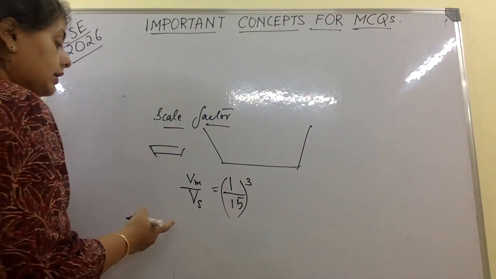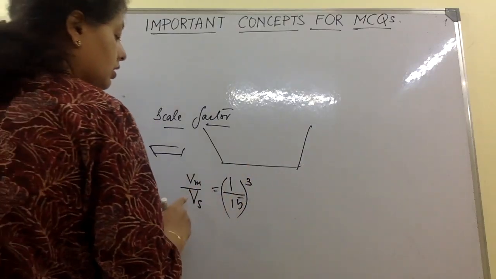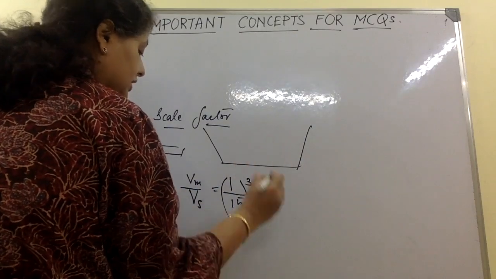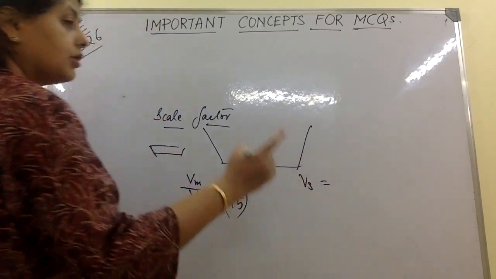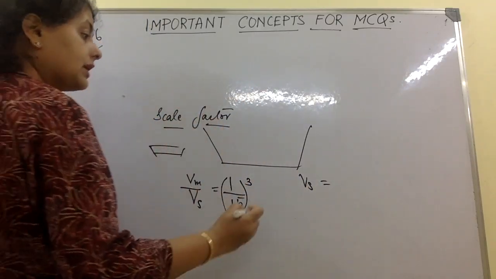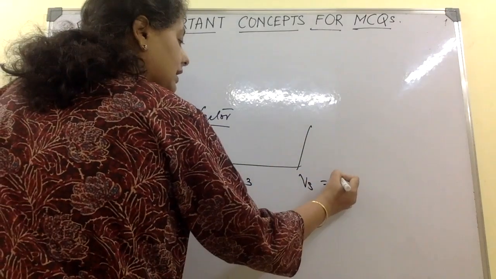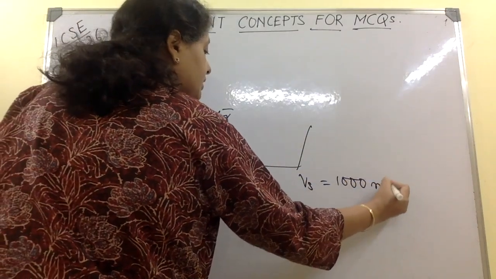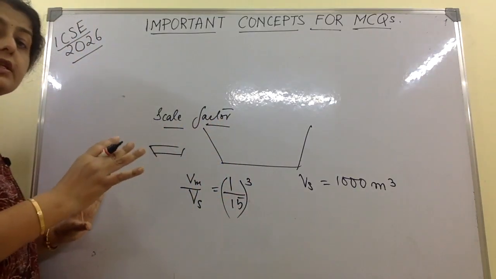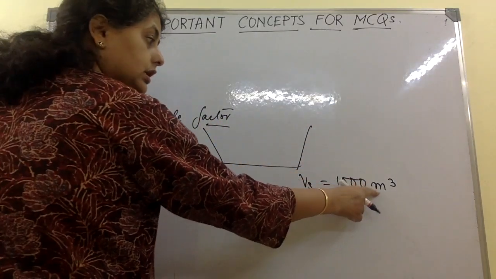Now, supposing the volume of the ship is provided to you as, let's say, 1000 meter cube. What is the unit here? Meter.